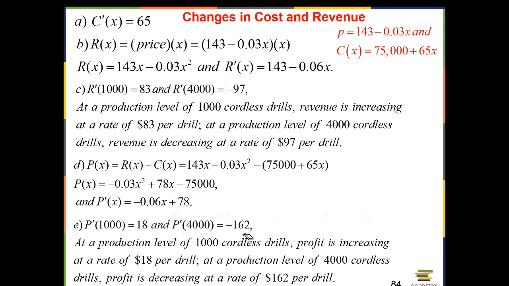Negative 162. What does that mean again? It means when you're selling 1,000 items, your profit is about $18 per item. When you're selling at this level, you're losing $162 per item, right? And that's the idea, $162 per item.